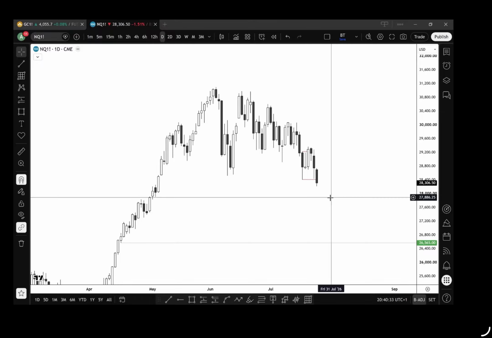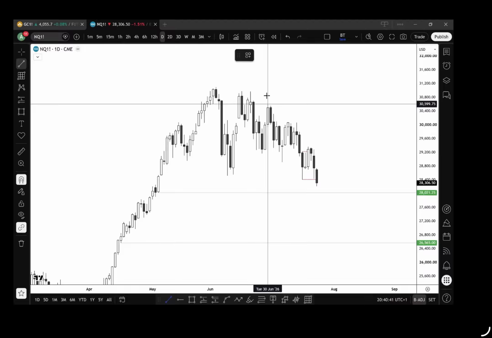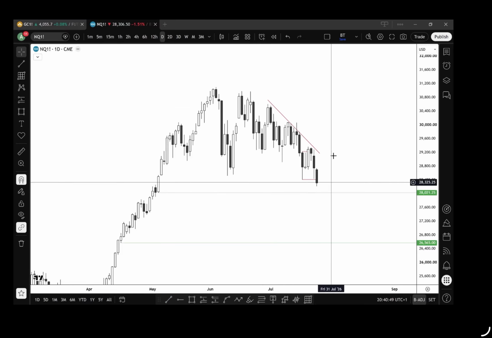And I would have this candle's low, and then we have all this liquidity as well. So we'll see how we open on NQ, but because we've trapped buyers, I am expecting a move up to take liquidity. And that is basically what I'm looking for on NQ.